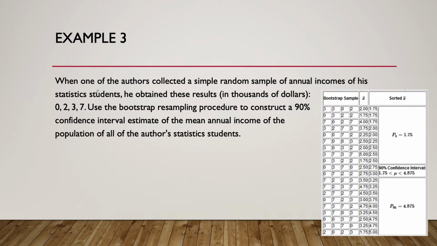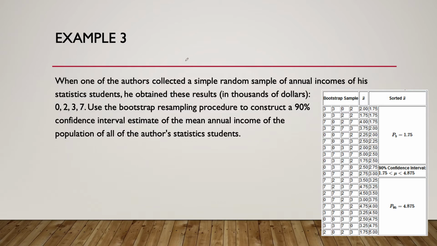Again, there's only 4 here, so we will need to take what we are doing, unfortunately, with a grain of salt, since the confidence interval is kind of big. But we take each of those 20 bootstrap samples, find our sample mean for each, and then order them from least to greatest. The 5th percentile is 1.75, and the 95th percentile is 4.875.